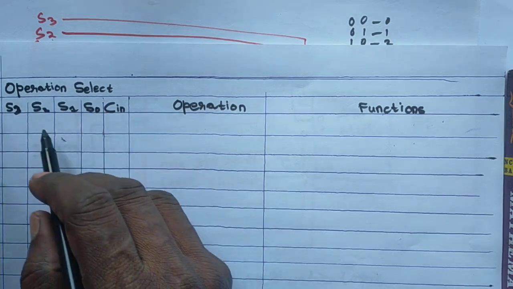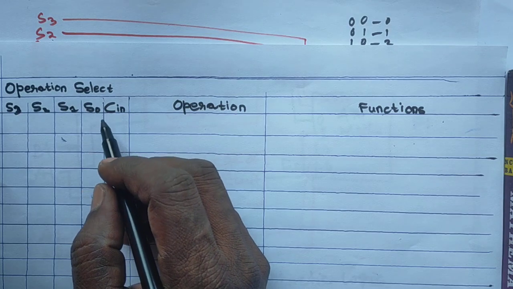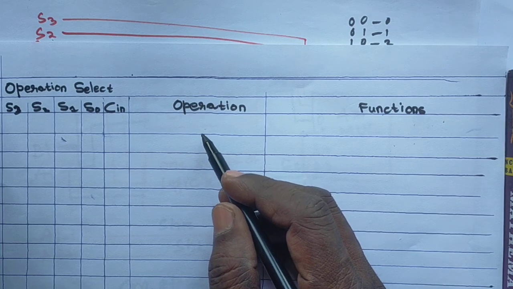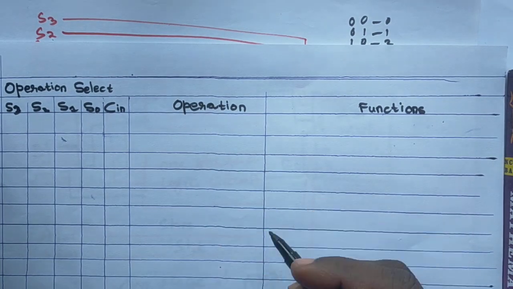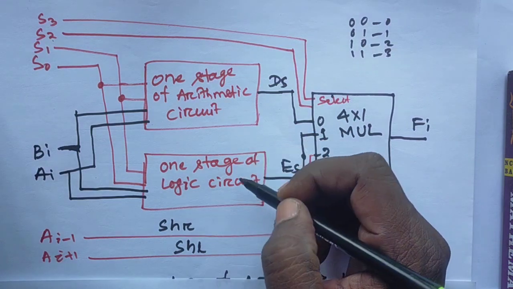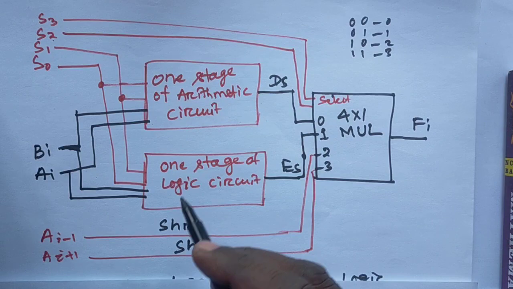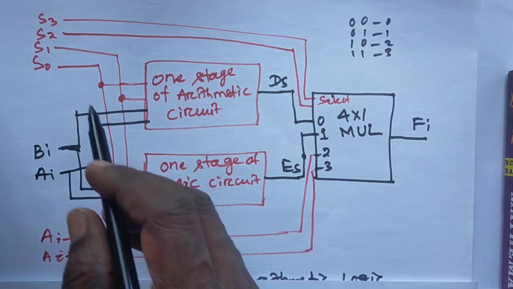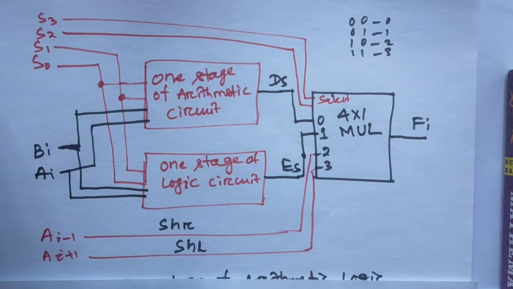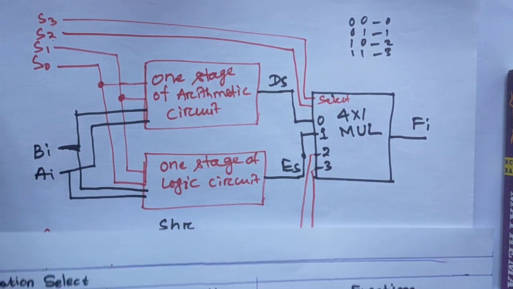So these 5, total 5 variables will be considered as operation selections. Whenever we put some value, automatically what kind of operation we get is according to this particular design, either arithmetic or logic or some shift, based on the different selection variables. We will see how it will operate and what kind of output we can get. That is the important part.